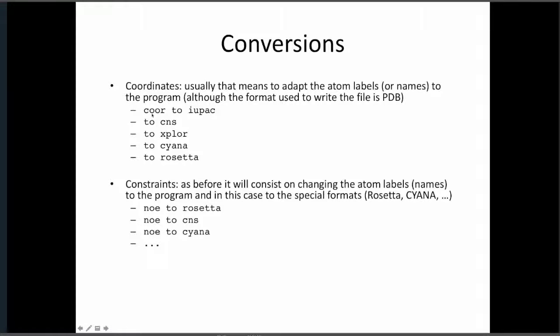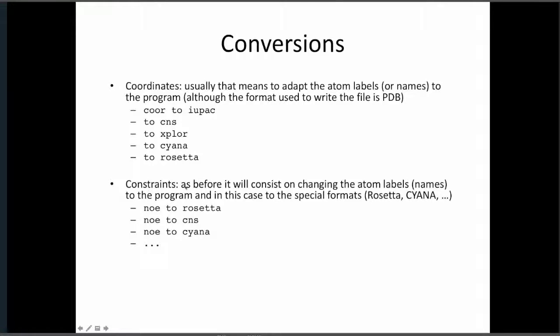So the first thing after reading the coordinates will be coordinates to IUPAC, or coordinates to CNS, to Explore, to Sayana, to Rosetta, because these use different atom name conventions. CNS and Explore use the same, but these ones use HB1, HB2 in this case, and then HB2, HB3 in this case, and this again HB1, HB2, but different from this one. So whatever is HB1 here is HB2 there, and that is the reason for using the fixing stereo command.